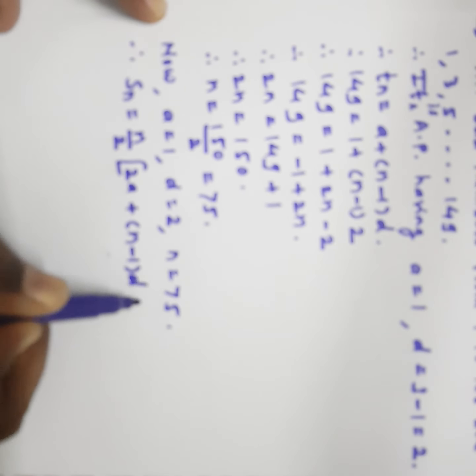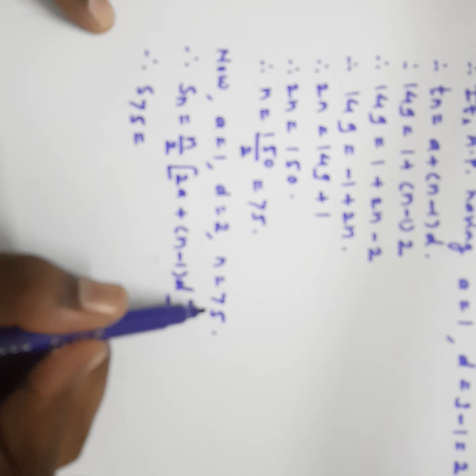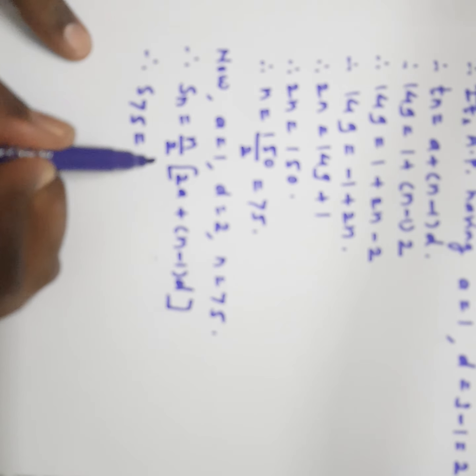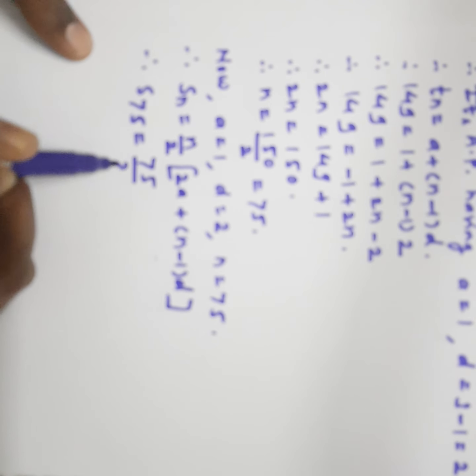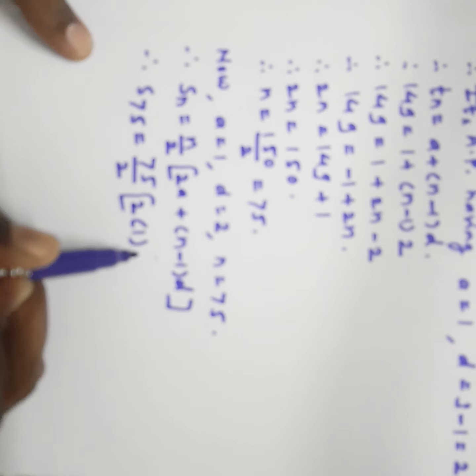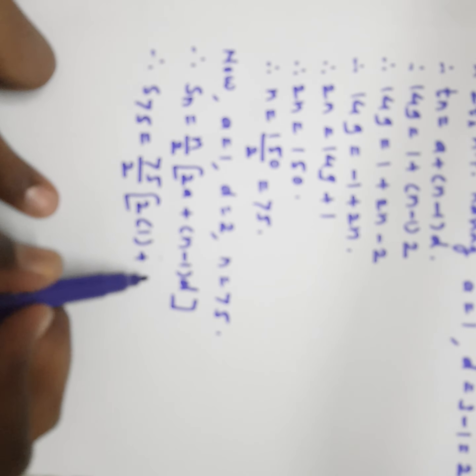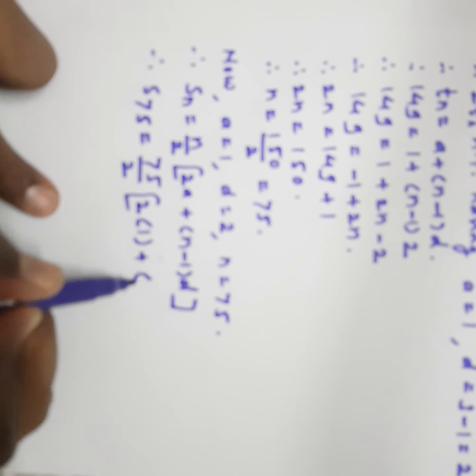Therefore S75, since there are 75 numbers, is equal to 75 upon 2 into bracket 2 into a, 1, plus n minus 1, 75 minus 1, into d, 2.